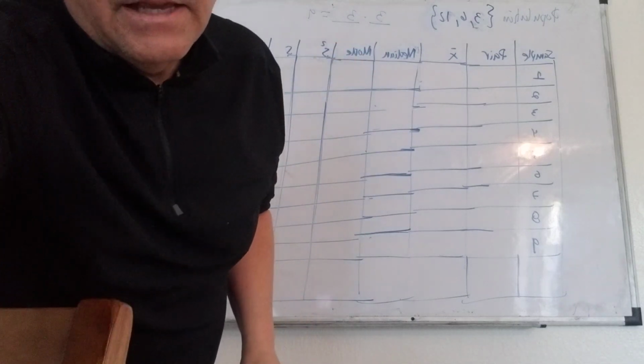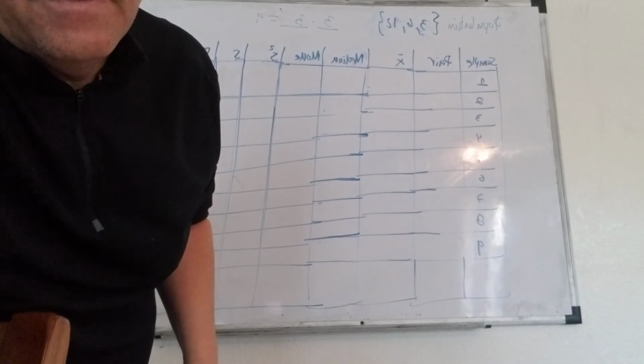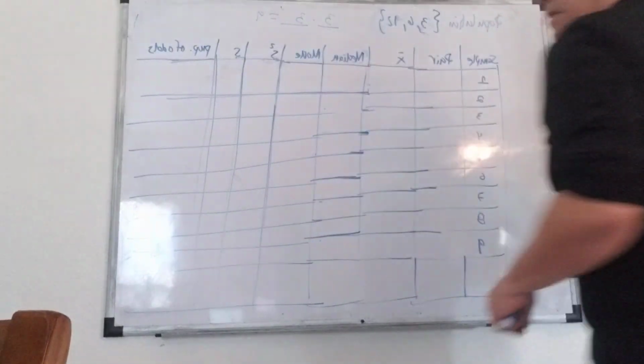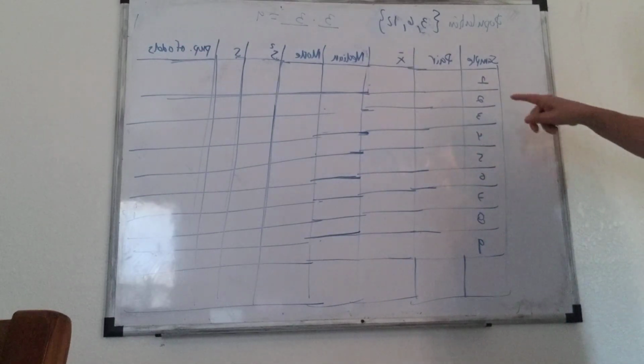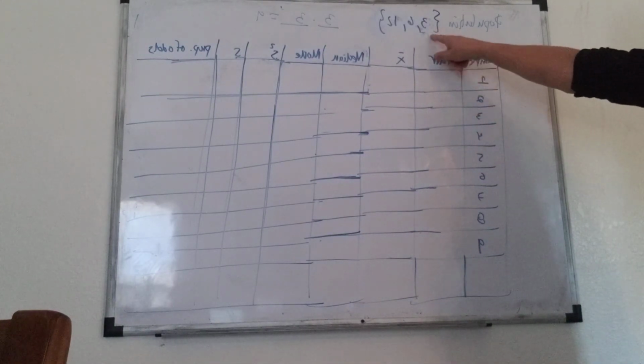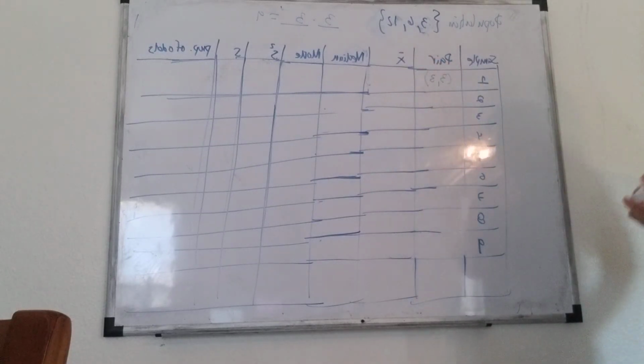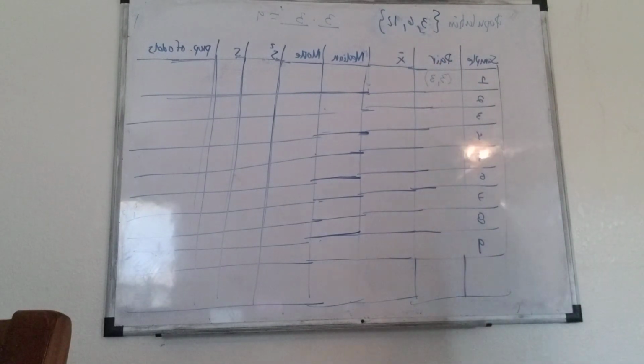So again, let me see if I can do this. Looking at the first one, suppose I have a pair 3 and 3. Again, with replacement, which means I'm allowed to repeat numbers.